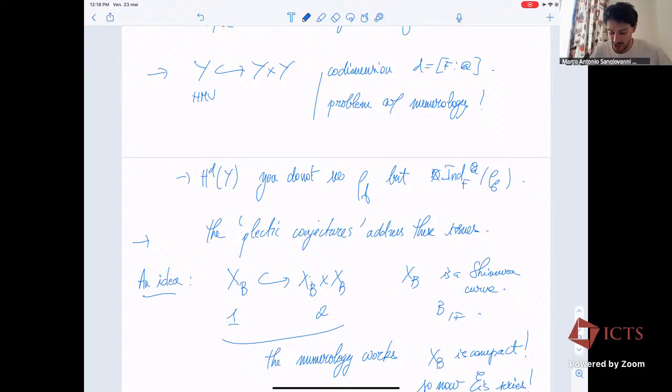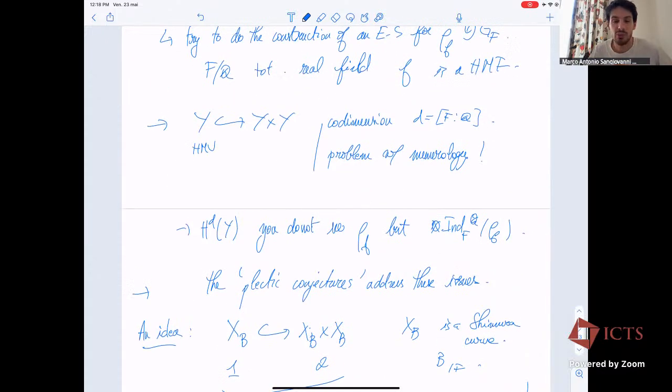And even more seriously, you don't see in cohomology the correct Galois representation. You see the tensor induction. So you cannot use Eisenstein series directly. You would really like to use Eisenstein series to imitate Kato, but over a totally real field, you can't directly use this method.